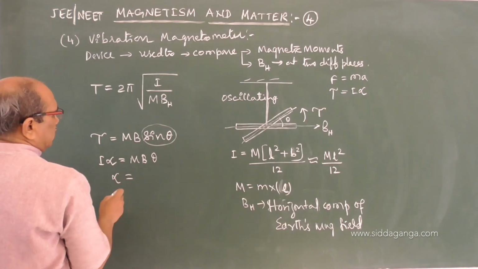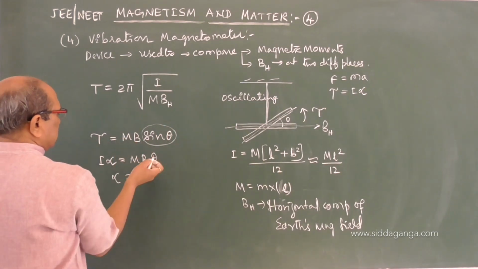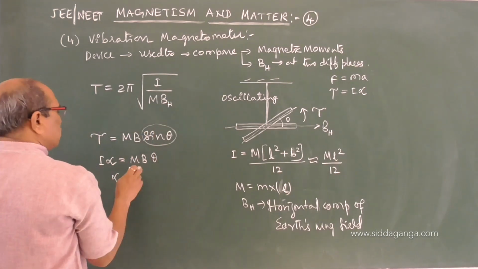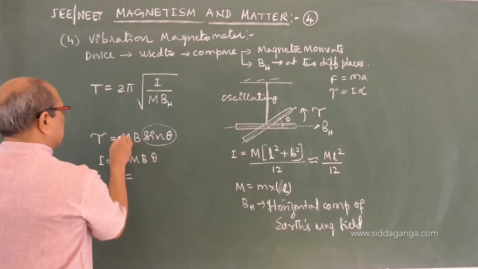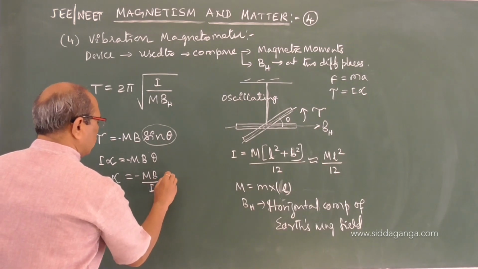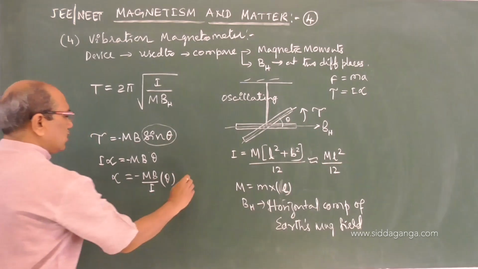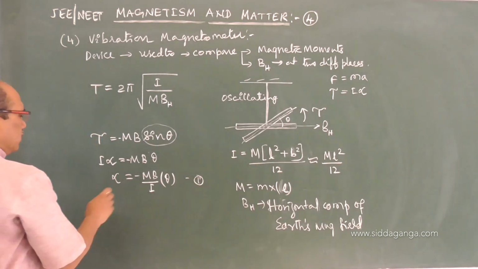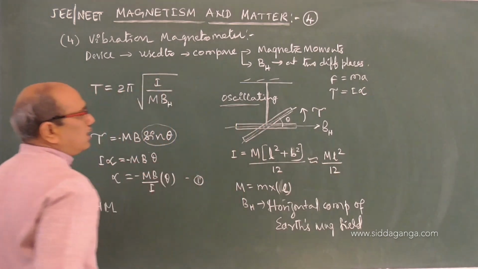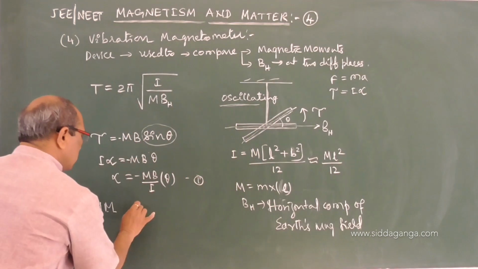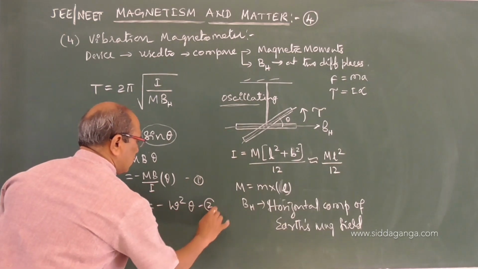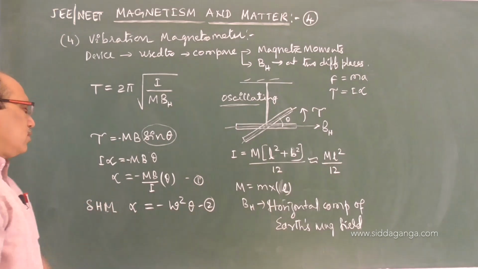Therefore the angular acceleration, because it is a counteracting torque, we are turning it opposite, so I am taking the minus sign: minus mB by I into theta, is one equation. Also, if it is oscillating and exhibiting simple harmonic motion, the angular acceleration is shown to be equal to minus omega square theta.